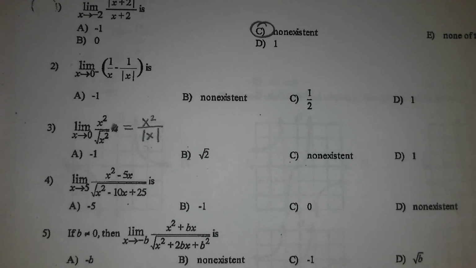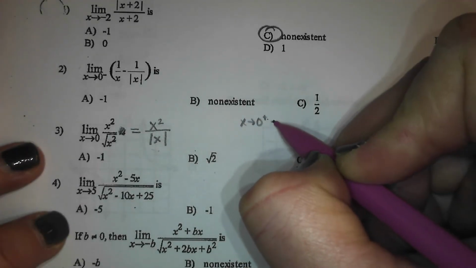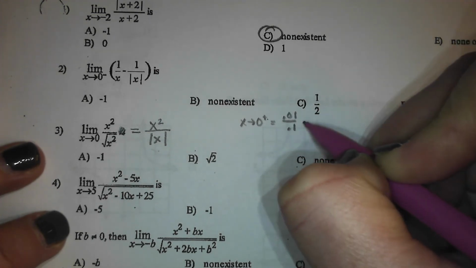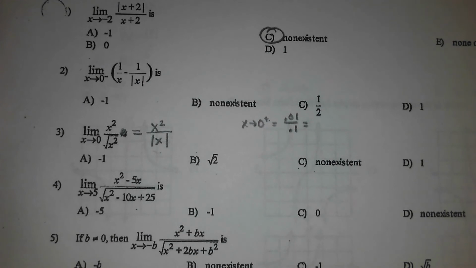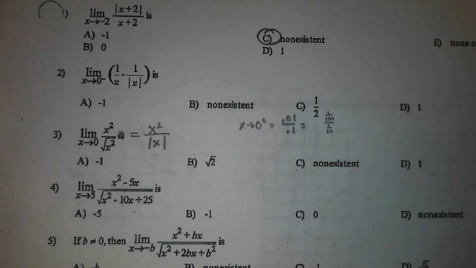I would play around with values. If I was plugging in, let's say, 0.1, so coming at it from the right, I would get 0.01 over 0.1, which is what? How would you do this without a calculator? 1/100th divided by 1/10 maybe.